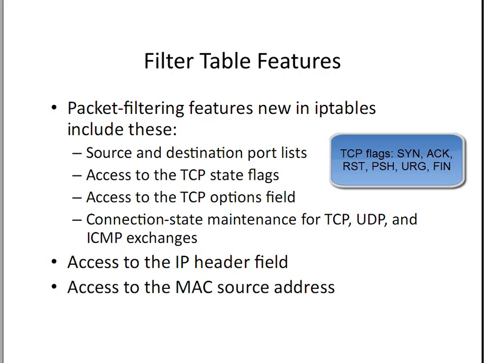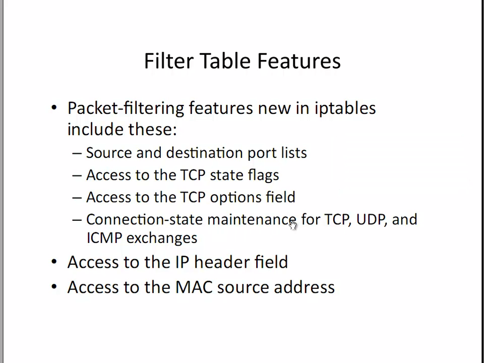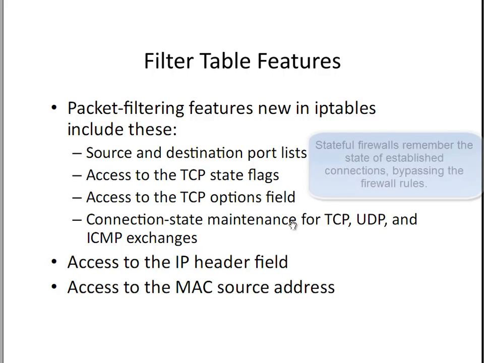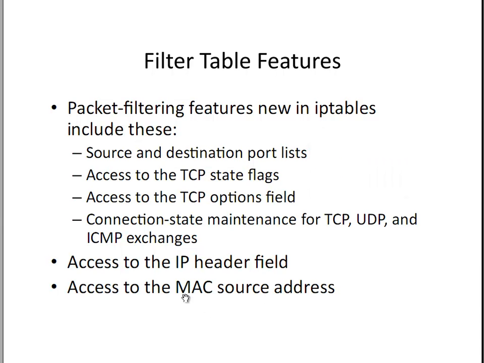Connection state maintenance for TCP, UDP, and ICMP exchanges, and this will be important in creating our stateful packet filtering firewall, which we will do. It also provides access to the IP header fields as well as the MAC source address, which means that we can filter according to the media access control or hardware network interface card source address with our packet filter.